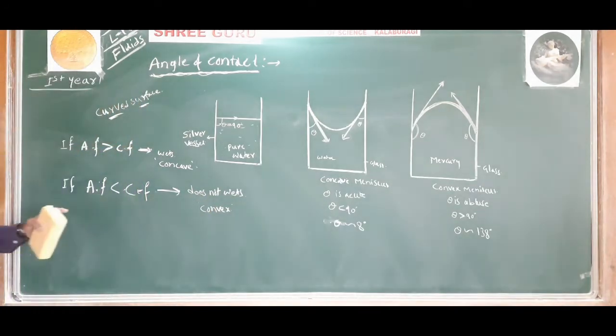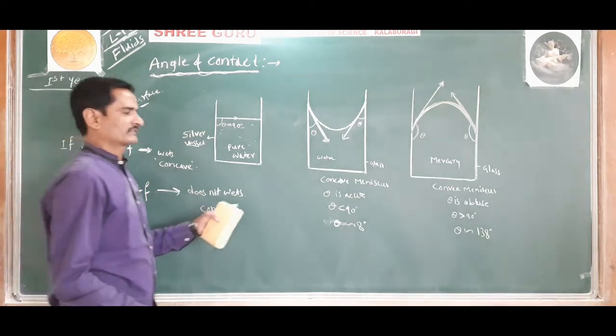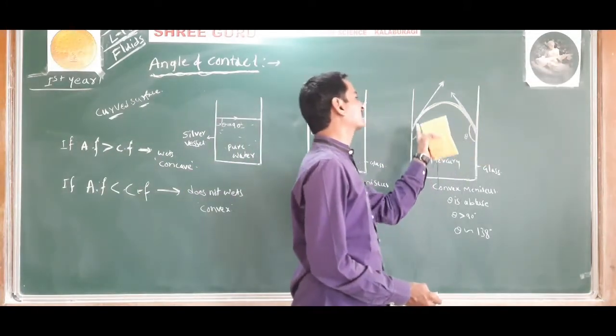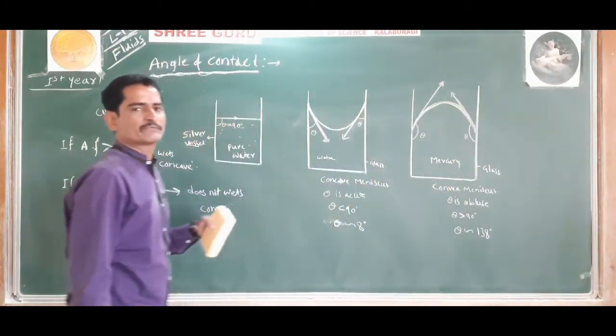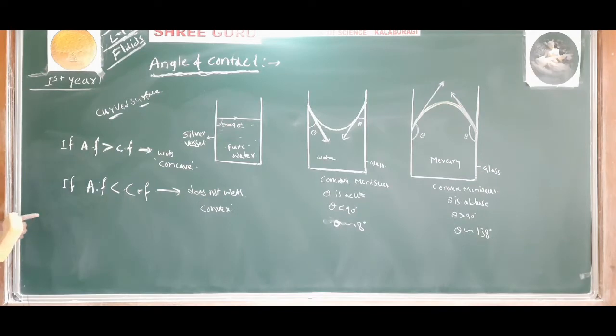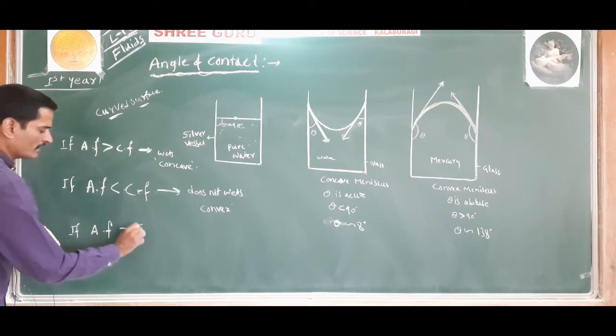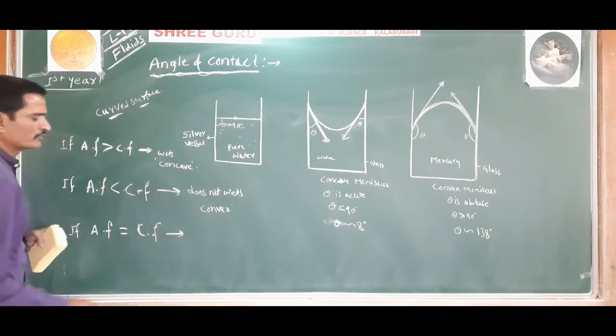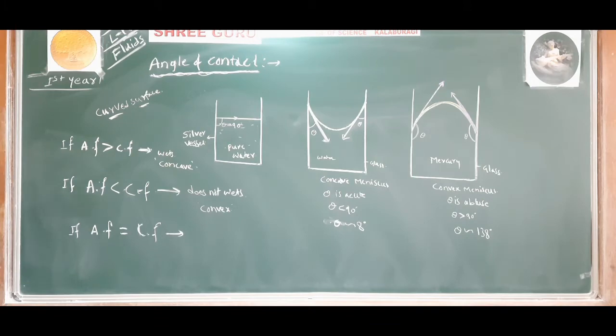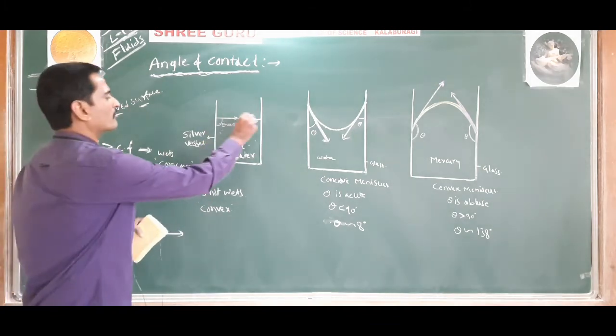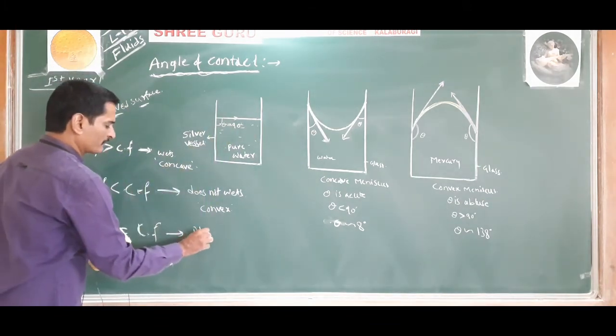That is, the meniscus obtained will be a convex meniscus. Understood? Now if adhesive force is equal to the cohesive force, then the free surface of the liquid will be a plane surface.